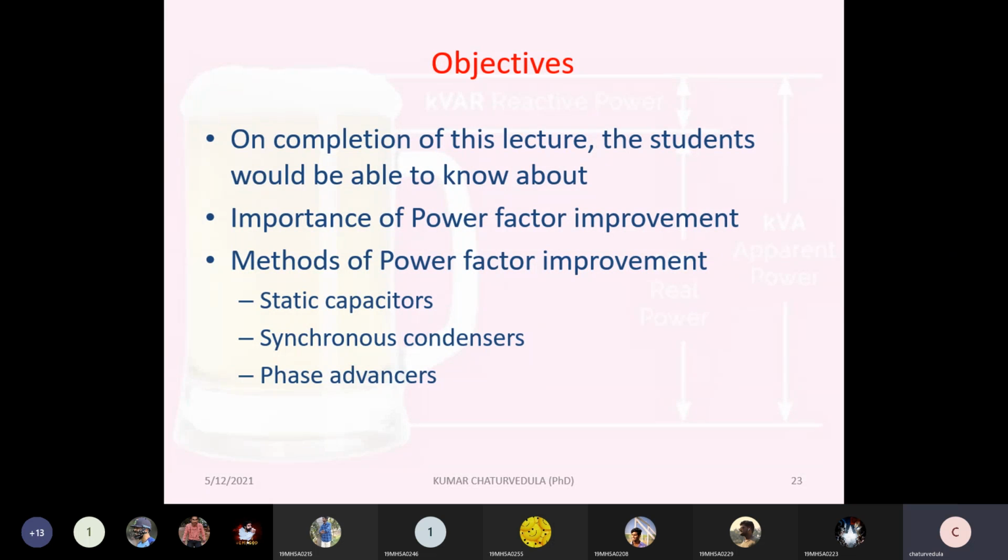Now our aim is to improve the power factor, even though you cannot change those loads, because those are the loads with which our economy is running. The only thing you can do is keep the loads as they are and try to improve the power factor.